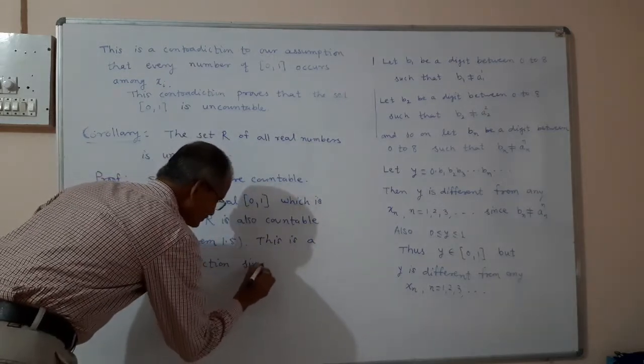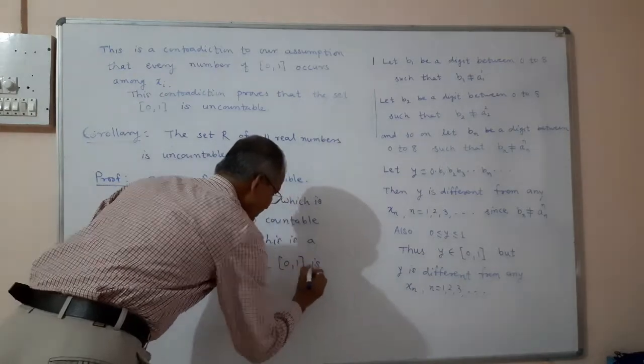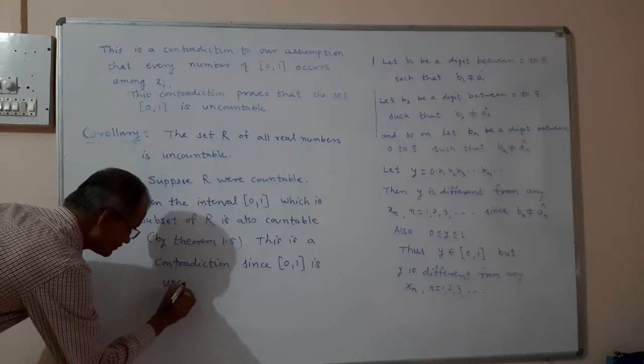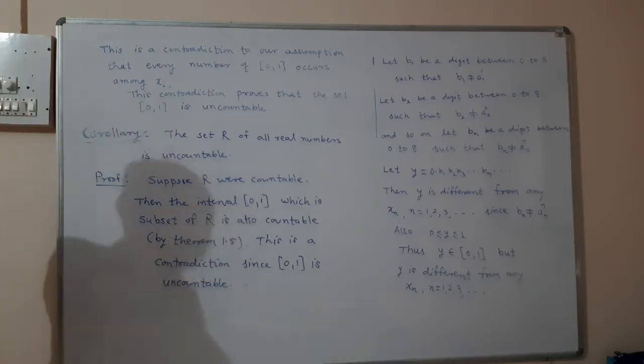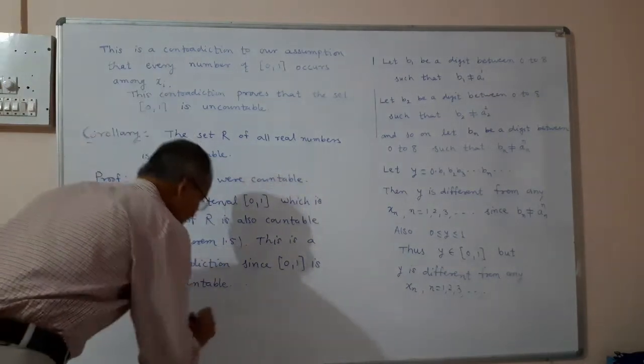Since the closed interval 0 to 1 of real numbers is uncountable, this contradiction proves that R is uncountable.